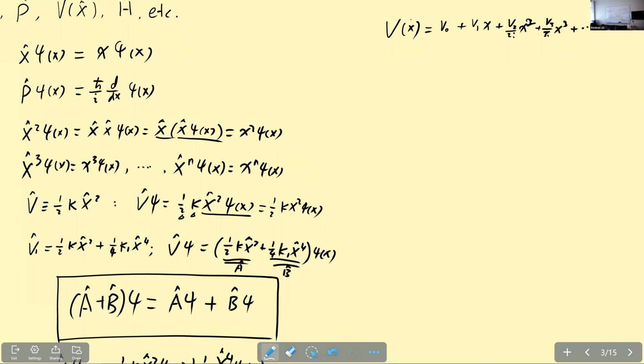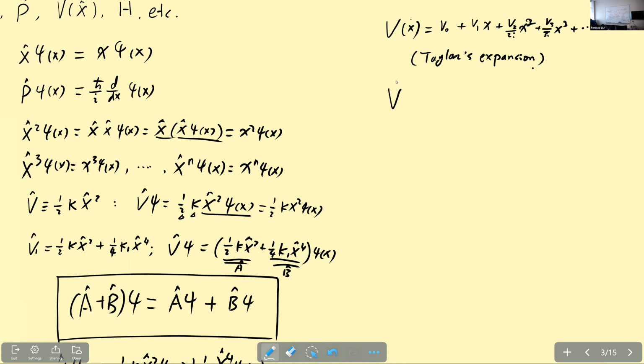You can have many terms, okay? And you can immediately say that this is nothing but just a Taylor expansion of a function.